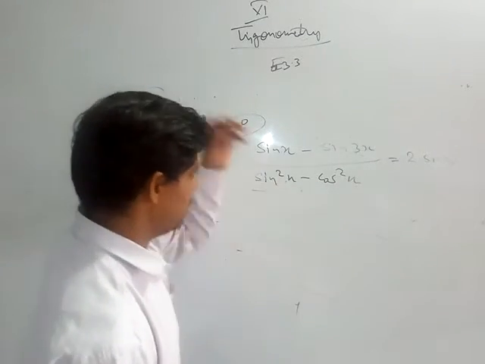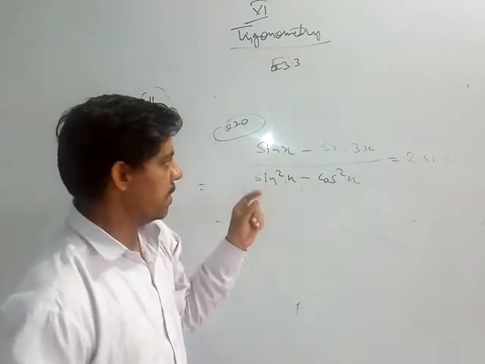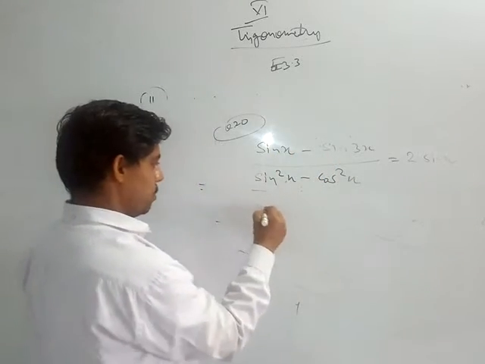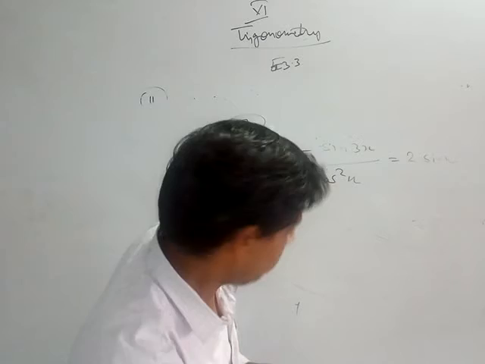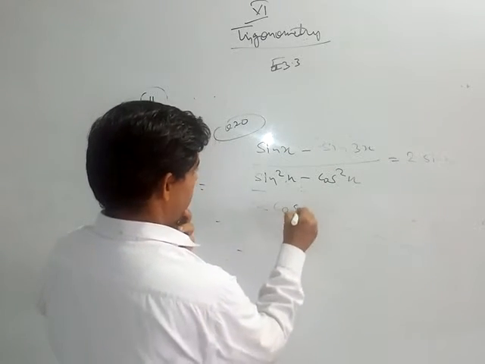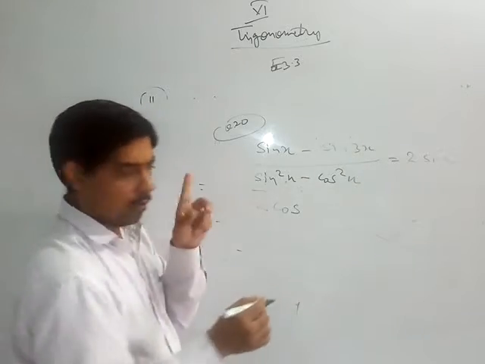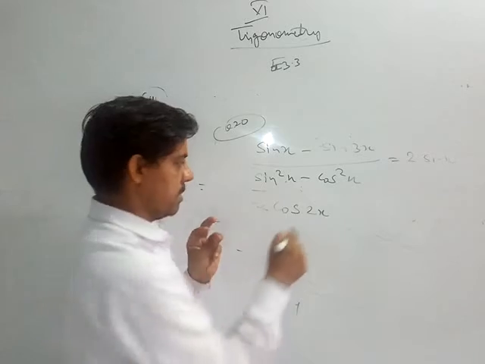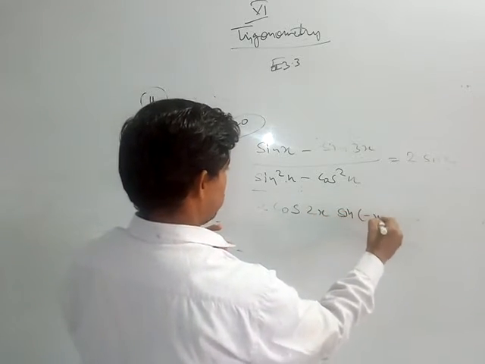Now what is sin x minus sin 3x? You can again use the same identity, sin C minus sin D. So this will become 2 cos of (x plus 3x) by 2, that is 2x, and sin of (x minus 3x) by 2, that is sin minus x.